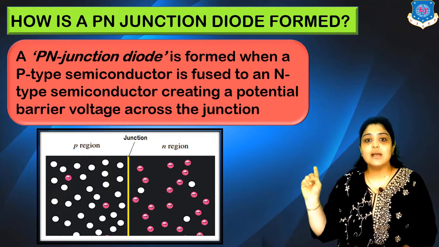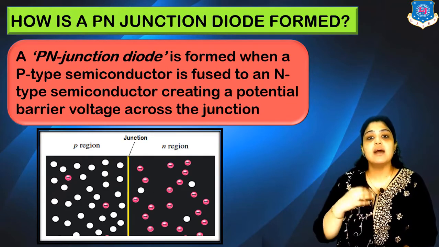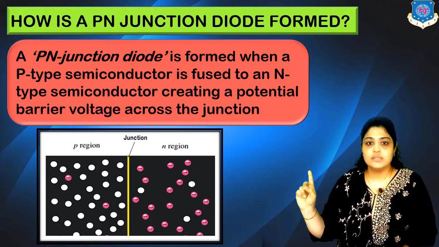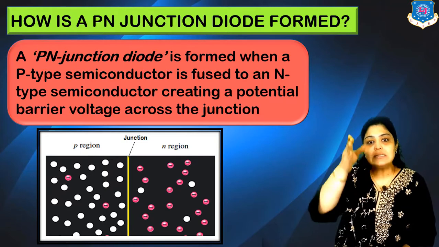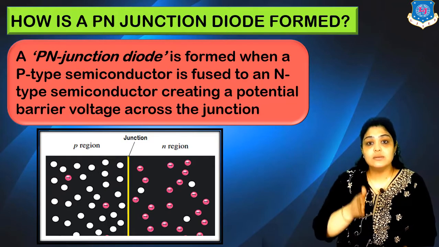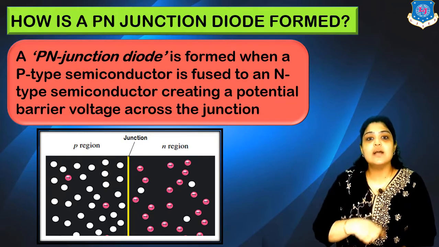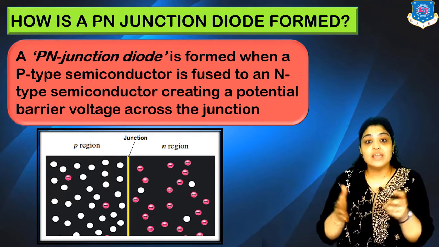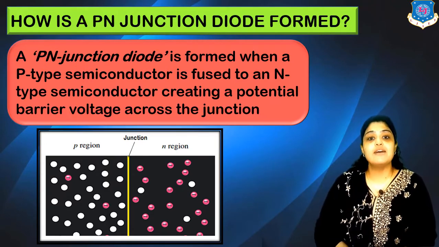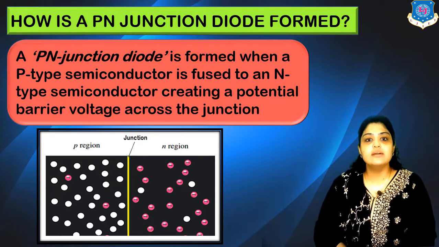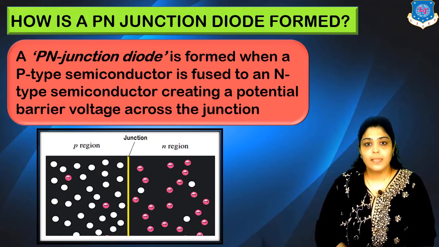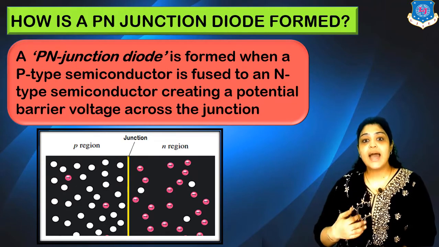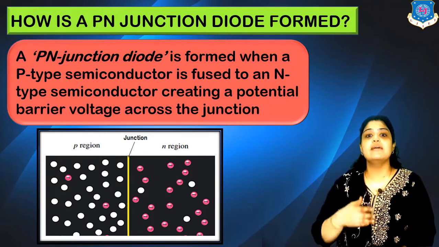So in this diagram, in the n region, you can see pink colored circles which are in huge number. They indicate electrons. In between them, you can see a junction represented by a yellow colored line. This junction represents the layer or the region where these two materials have fused and come together to form a junction. Clear? So now I'll move on to the topic and we'll see how the depletion layer is formed.